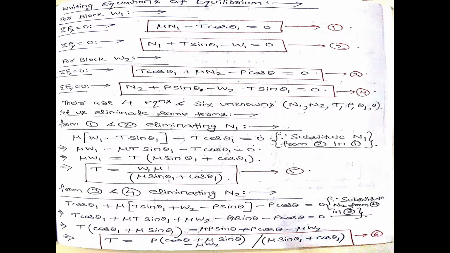Now if I further solve this equation, finally I will get equation number 6, which is tension T is equal to P times (cos theta plus mu sine theta) minus mu times W2, in bracket, divided by mu sine theta 1 plus cos theta 1, which is your equation number 6.